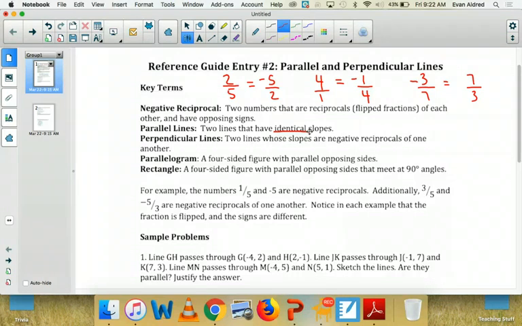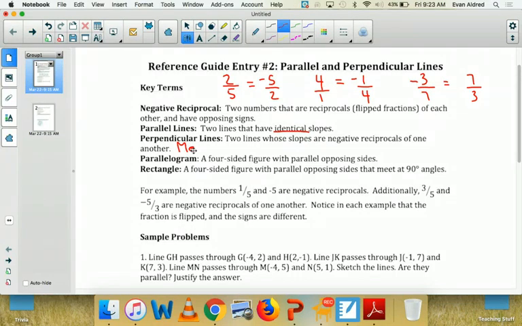Perpendicular lines, this is where we'll see the term negative reciprocal, and we'll understand why it's important to fully understand that term. Perpendicular lines are 2 lines whose slopes are negative reciprocals of one another. So if you have a line with a slope of 3/7 and a line with a slope of negative 7/3, they would be negative reciprocals of one another.